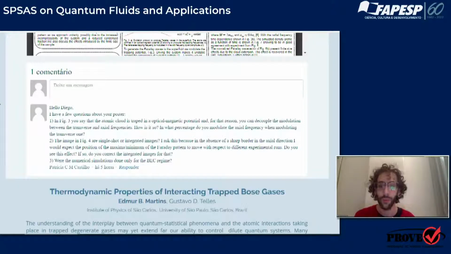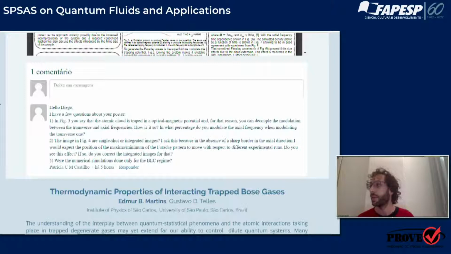So our trap configuration is given by first an optical dipole trap, a single beam ODT, in addition to a confinement due to a magnetic curvature. In our case, the radial confinement of the cloud is given by the optical dipole trap, and the axial, the long direction, is trapped by the magnetic curvature of the coils of the magnetic field.